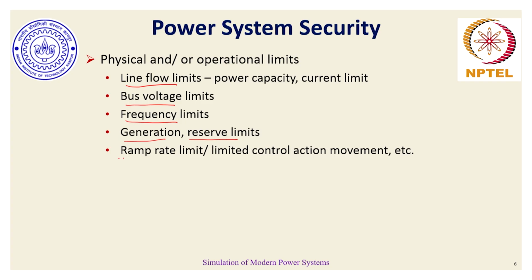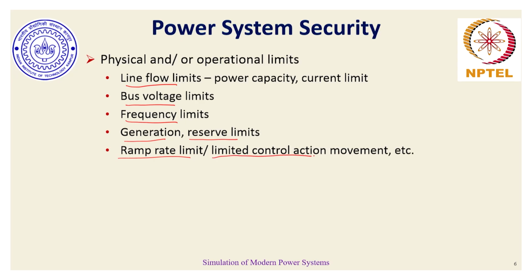Thermal units have their own ramp rate limit. We discussed this briefly when we discussed economic dispatch. A transformer tap cannot change 24 times or 48 times in a day. If it starts doing so, it's a mechanical device. Because of wear and tear, the transformer lifespan would go down, and that is what is meant by limited control action from the perspective of maximization of lifespan.